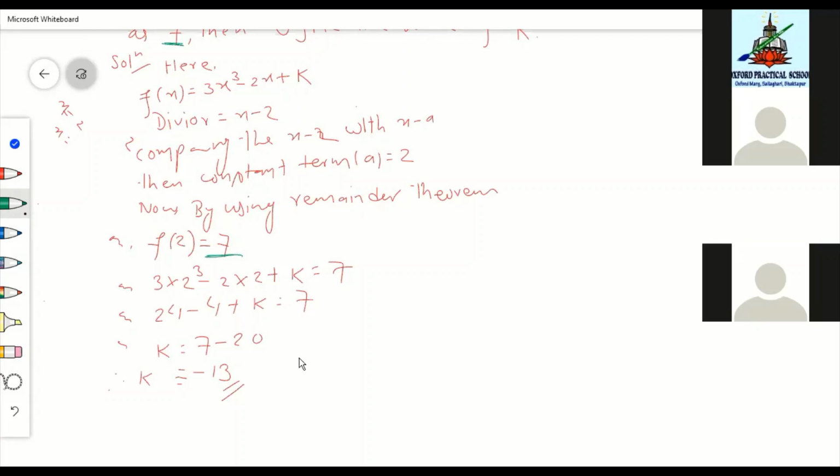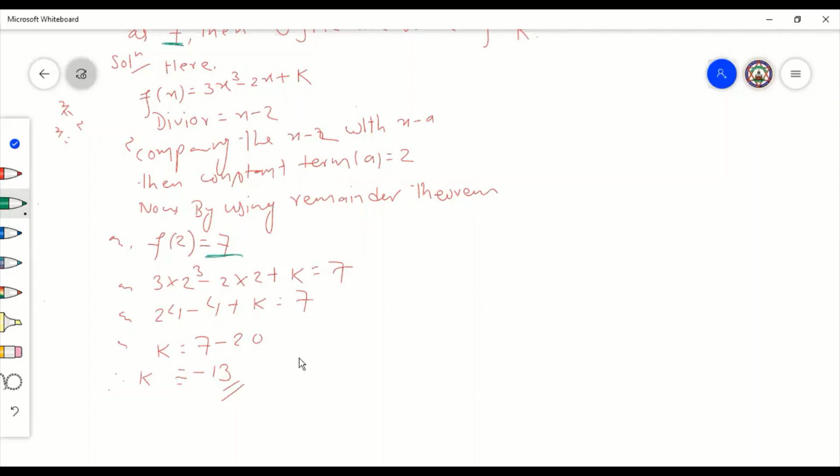But sometimes you are not given the remainder, and you still need to find out the unknown value. At that time, here is one very important piece for you. If you are given the remainder, same like that, 7, at that time we can write whatever remainder is given here.